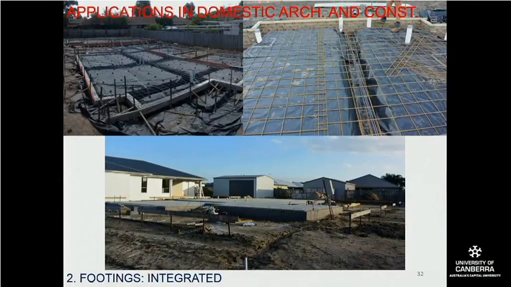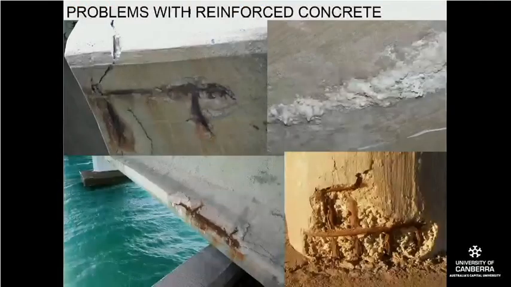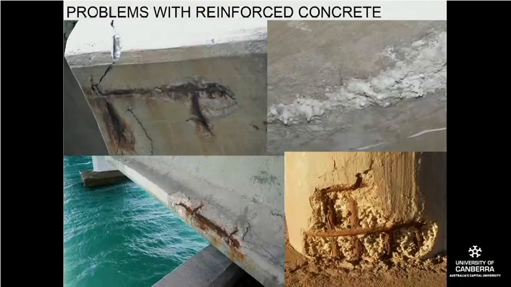Okay. Now, just to finish up, I'll go through a few of the problems with reinforced concrete. As I said right up the front, concrete can be a little porous and can absorb moisture into it. Now, moisture is the enemy of steel reinforcements because if water gets through the concrete, the steel will start to rust.